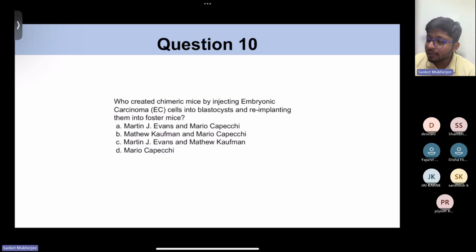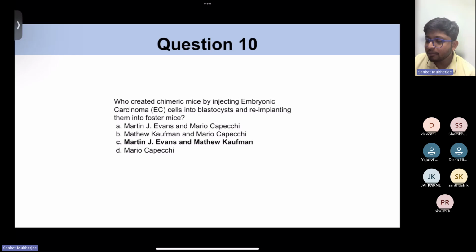Who created chimeric mice by injecting embryonic carcinoma cells into blastocysts and reimplanting them into foster mice? Was it Martin J. Evans and Mario Capecchi, Matthew Kaufman and Mario Capecchi, Evans and Kaufman, or Mario Capecchi himself? These are about scientists.